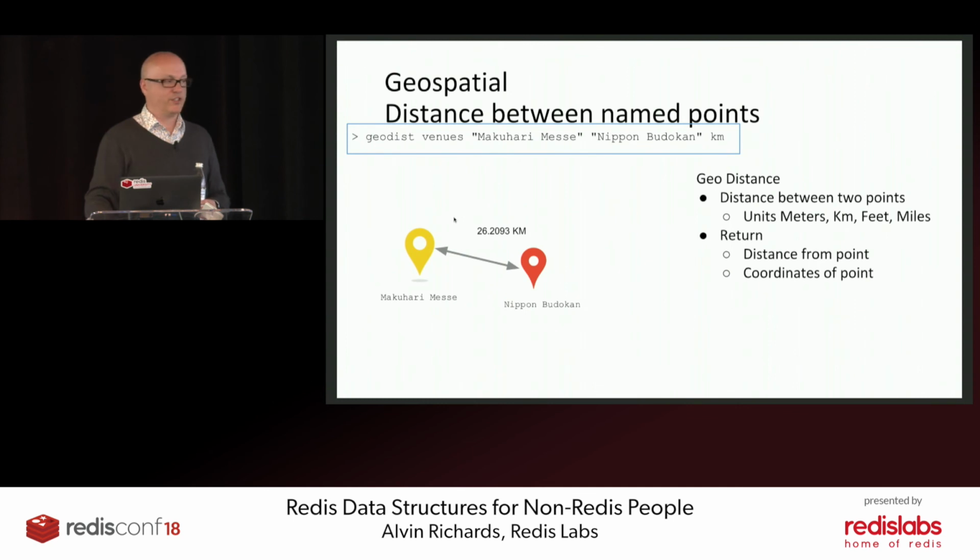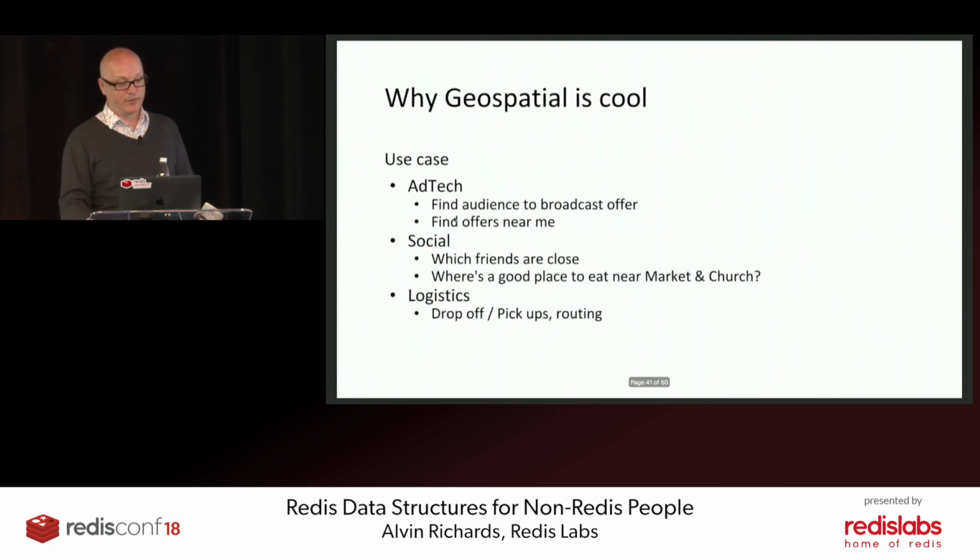I can also do the geo-distance between two named points. So here we're doing the distance between Nippon Budokan and Makuhari Messe. So happens to be 26 point something or other kilometers. So this means that you can now use all the great assets of Redis, which is high throughput, it's memory-based, but also be able to do that for geolocation or geospatial data.